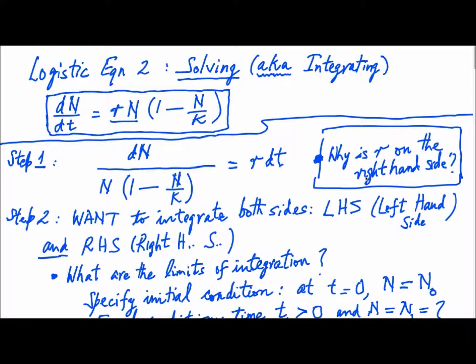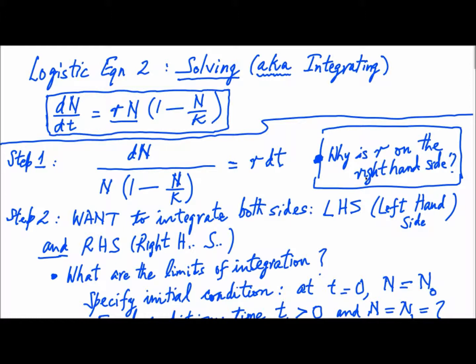The reason for that has to do with dimensionality, and it's an important thing that ecologists tend to forget, but which you should not. If you recall what r is, it's a growth rate, which means its dimensions are 1 over time.